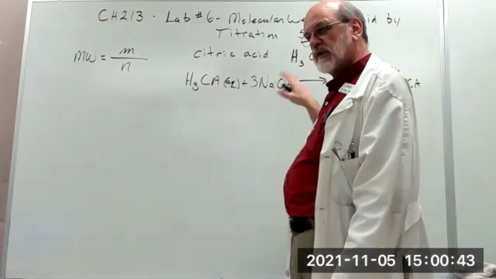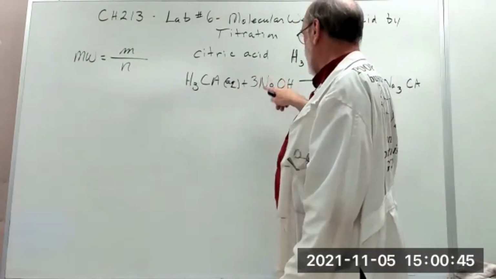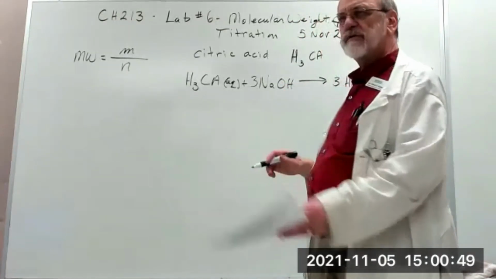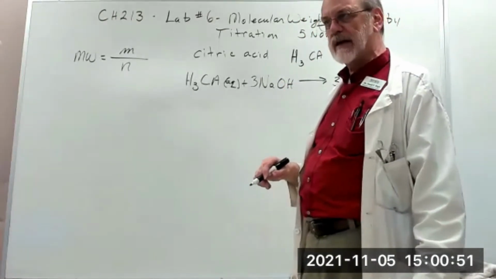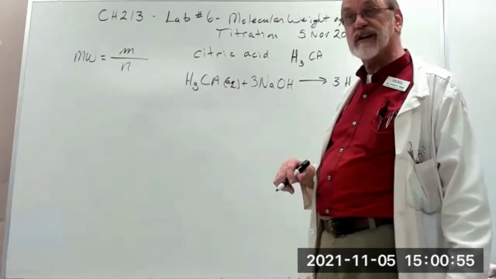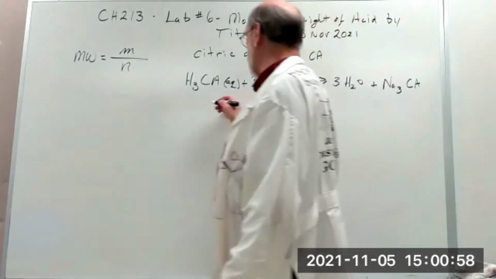We need a way to say how many moles, because we're going to use phenolphthalein as an indicator. Under acid conditions, phenolphthalein is clear, so it'd be clear for this acid.